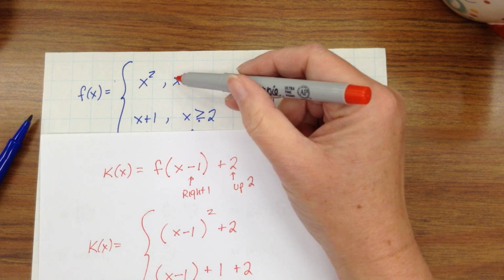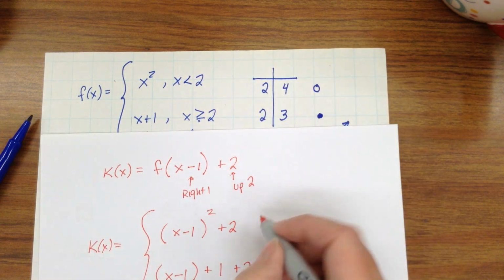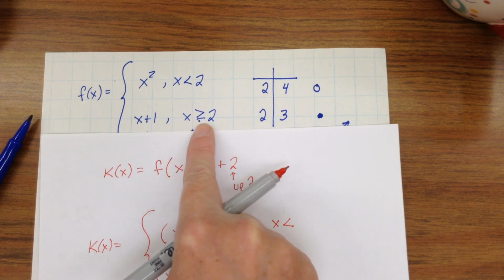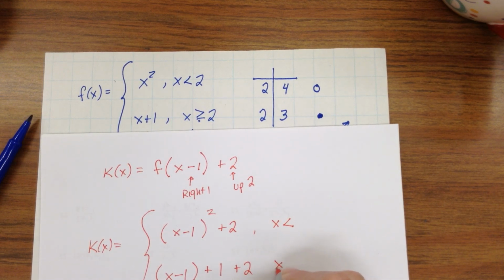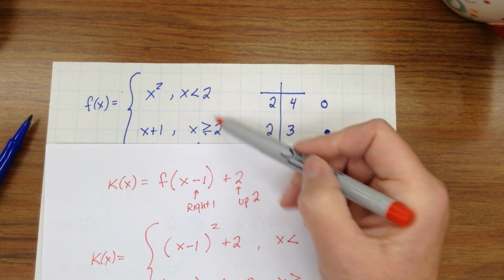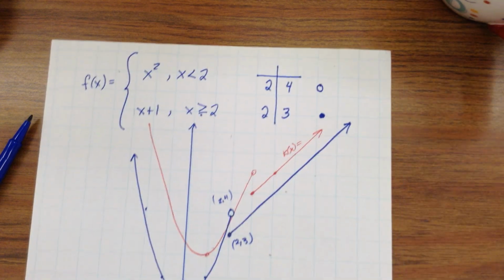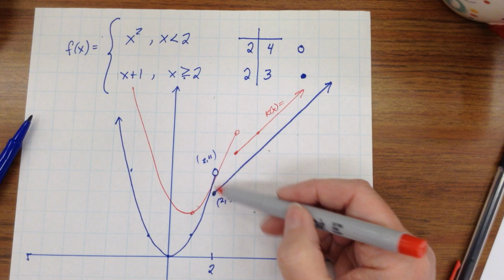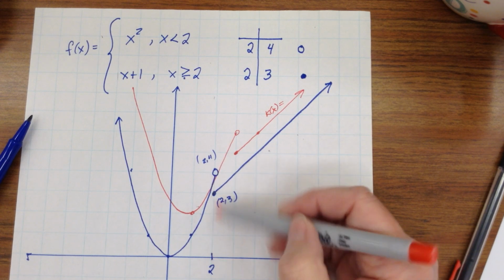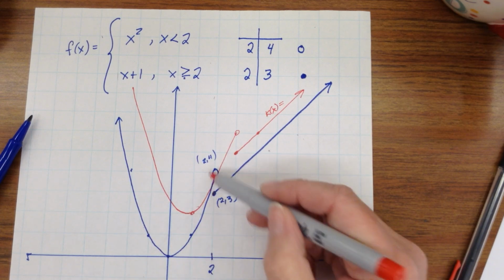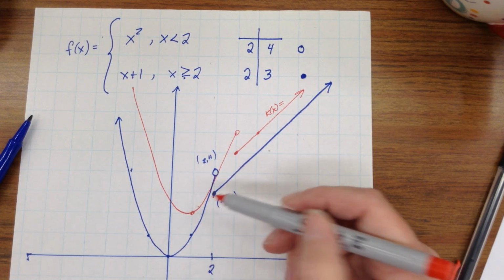All right. Now what about these inequalities? Well, first of all, it's still going to be an x. It's still going to be a less than. X less than. It's still going to be an x. Still going to be a greater than. X greater than or equal to. But the number 2 has to change. Why? Well, remember what that 2 meant? On the blue graph, the original graph, at 2 we switched from the circle to the dot. At 2 we switched from the parabola to the line.